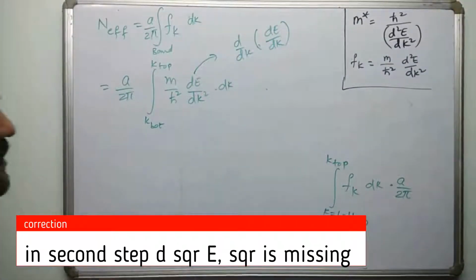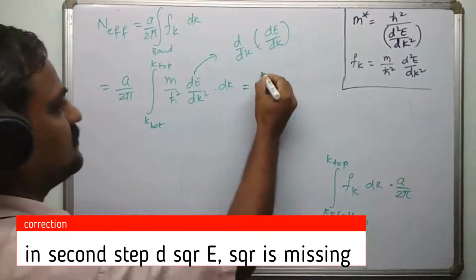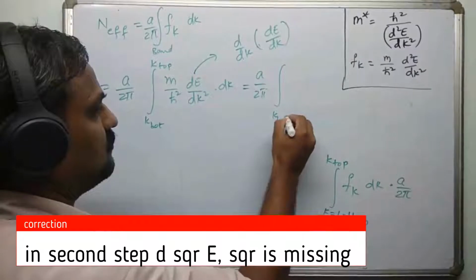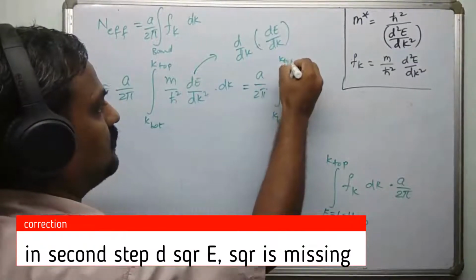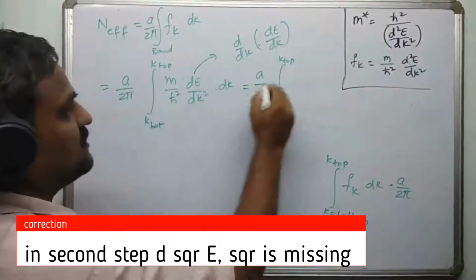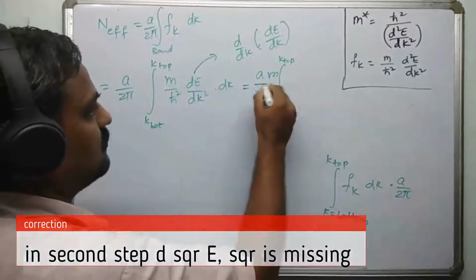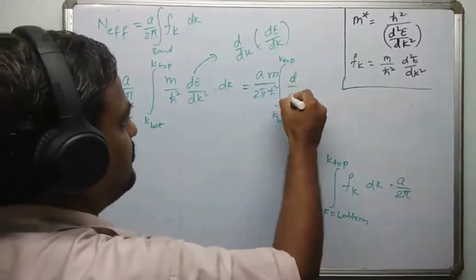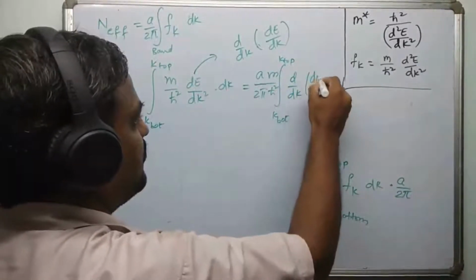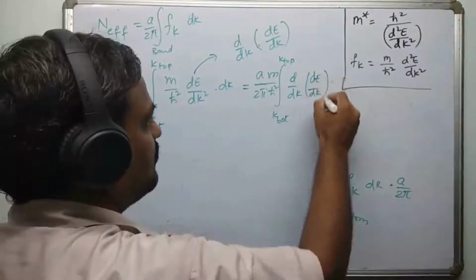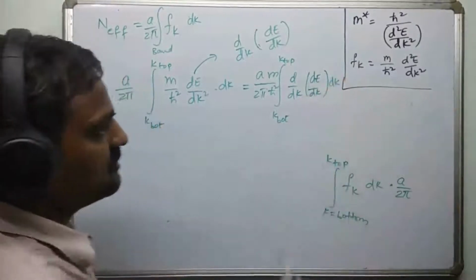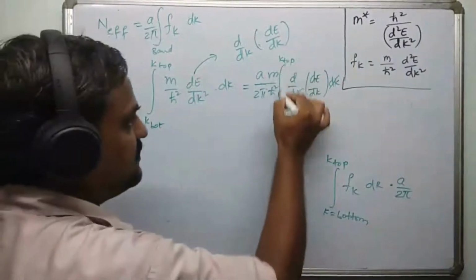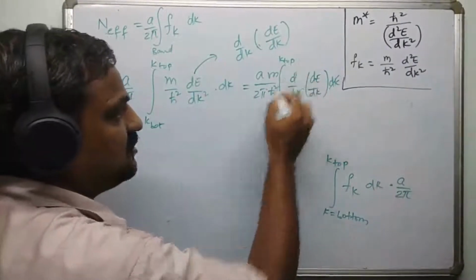So the expression is going to be a by 2 pi multiplied by integral from k bottom to k top. Of course, I can pull this m by h cross square also outside. So what I am left with is d by dk of dE by dk multiplied by dk. So dk gone. This is integration over k, and this is derivative over k.